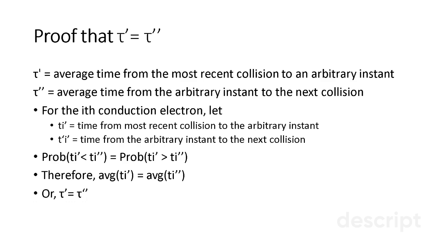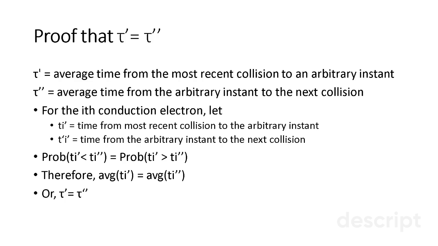Next, we will prove that tau prime equals tau double prime. As we have used the symbols, tau prime is the average time interval between the most recent collision of conduction electrons with ions and the arbitrary time instant at which we want to find the drift velocity. Tau double prime is the average time interval between the arbitrary time instant and the next collisions of conduction electrons with ions.